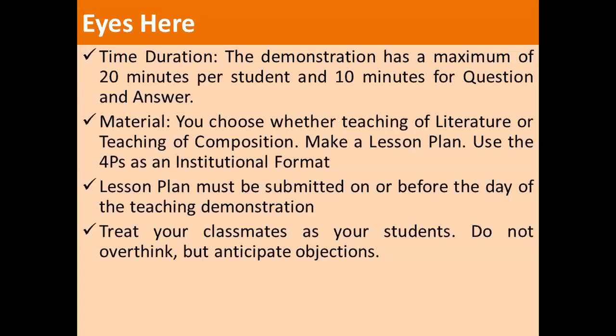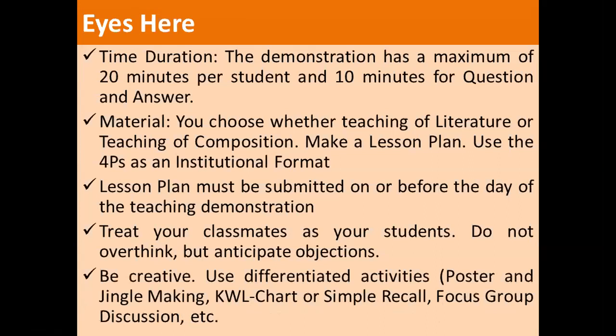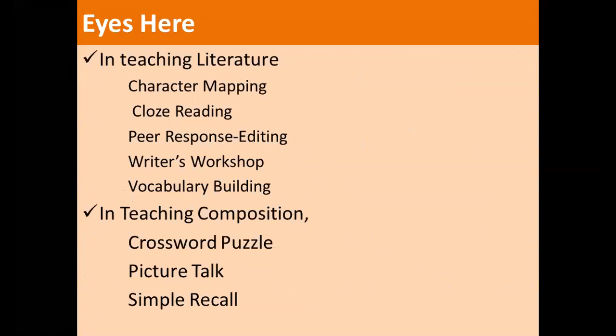Next is be creative and use differentiated activities. It could be in the form of poster and jingle making, or it could be a KWL chart or simple recall or focus group discussion and many more. If we are dealing with literature, you can do character mapping, close reading, peer response editing, writer's workshop, or vocabulary building.